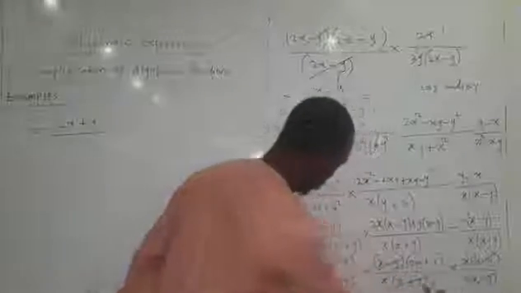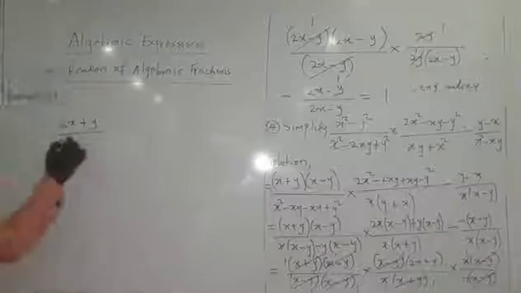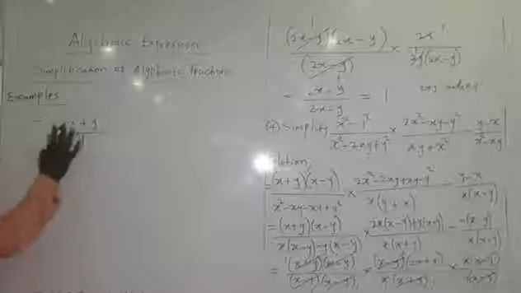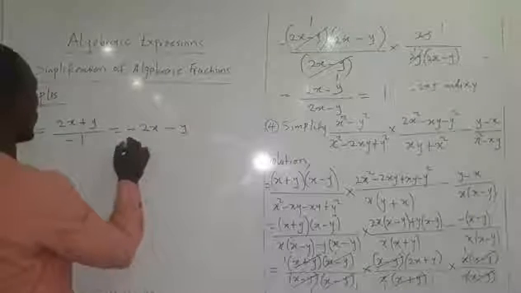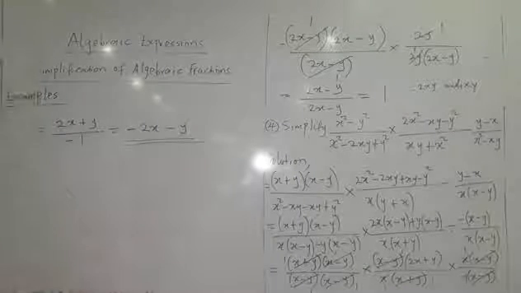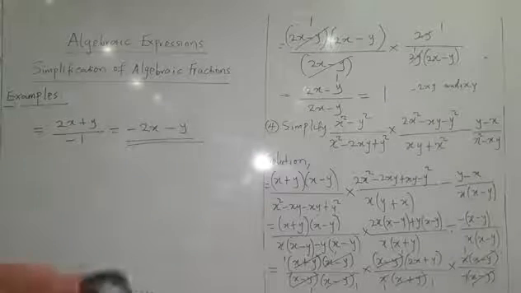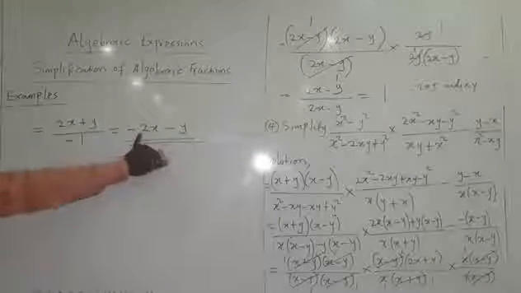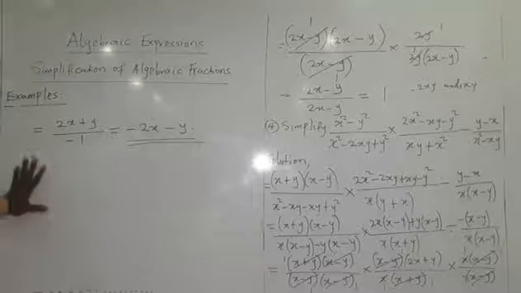Then for the denominator, we have minus 1. So if you now use minus 1 to divide, we have minus 2x minus 1. So the final simplification of question 4, as big as it is, is minus 2x minus 1. So that is the end of question 4.